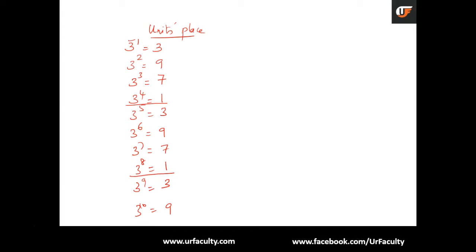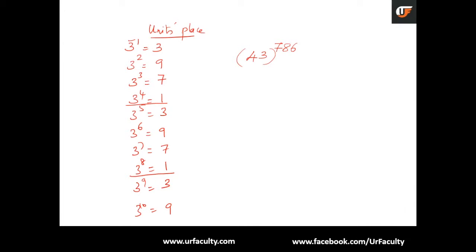So now, how do you solve a problem that comes up in the exam? Let's say the question says 43 to the power of 786. If this is the question, your first step is to reduce the base to its units digit.